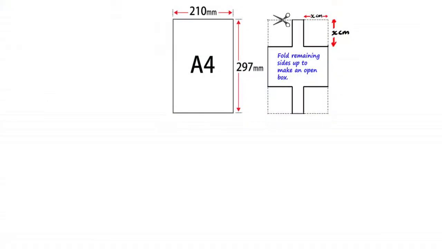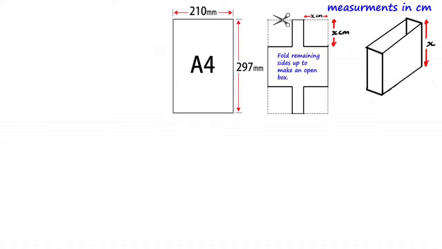Now, I did put out on Facebook and Twitter that it'd be great if some of you could take an A4 sheet of paper. A typical A4 sheet measures 210 millimeters by 297 millimeters. Cut out equal size squares, any length you like. I called that length in general X, from each of the four corners of your A4 sheet, then fold up the sides and make a box.